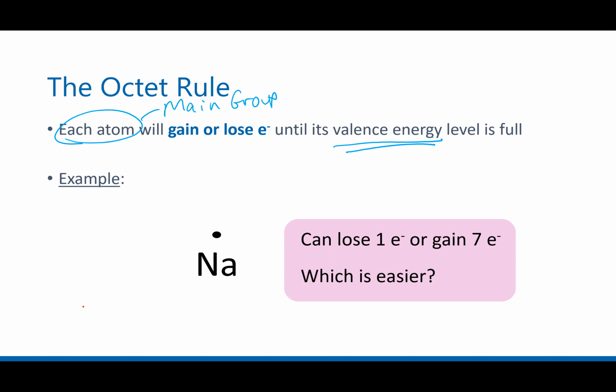Now, I have a question for you. I have sodium. Sodium is in group 1. It has 1 electron. If you were sodium, what would be easier, to lose 1 electron or to gain 7 electrons? What do you think is easier, to lose 1 or find 7?